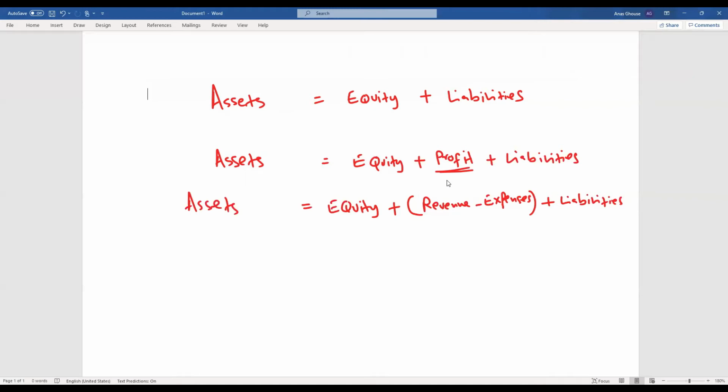So instead of profit, I just expanded this into revenue minus expenses.